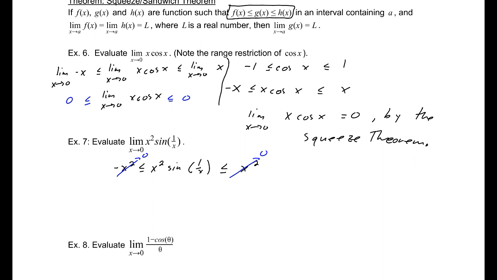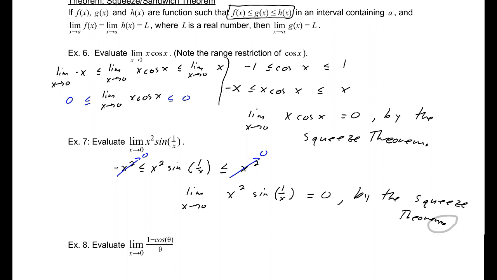Therefore, the limit as x goes to 0 of x squared sine of 1 over x equals 0 by the squeeze theorem. Now, you might notice I've called it the squeeze and the sandwich theorem. Depending on what textbook you look at, you might see a different name for those.